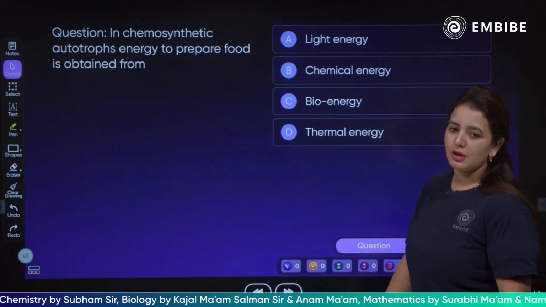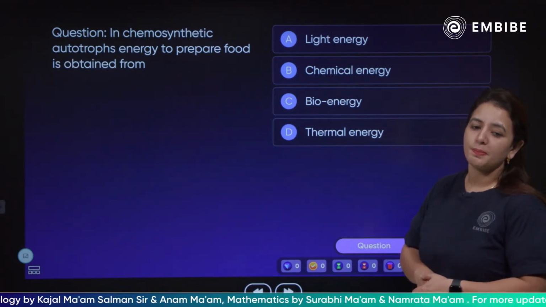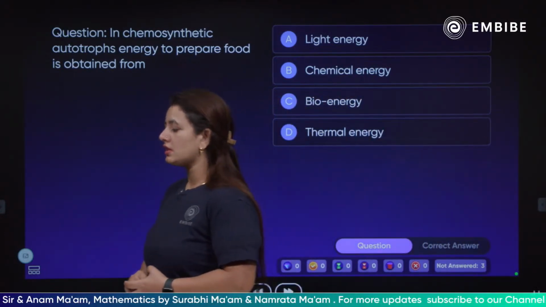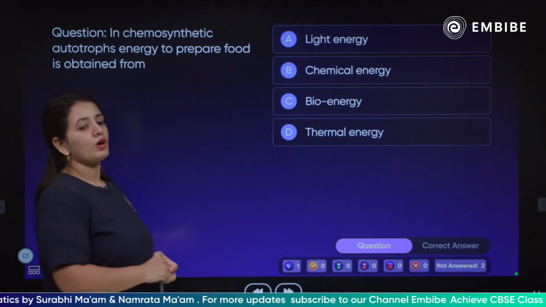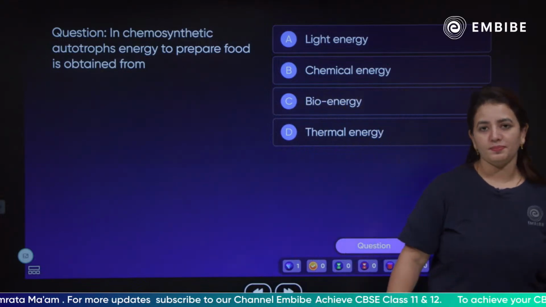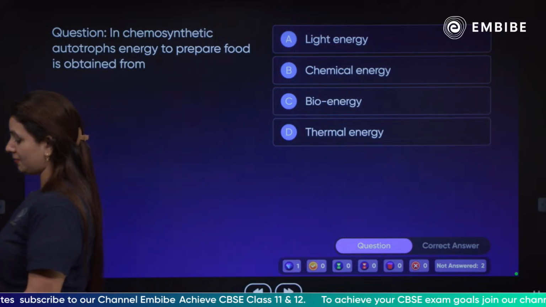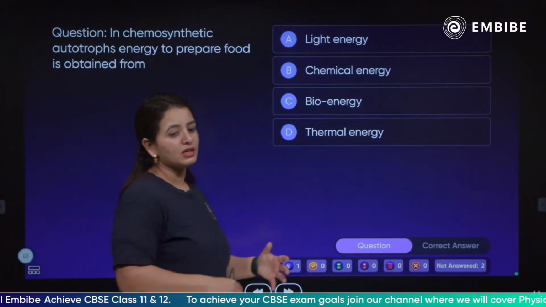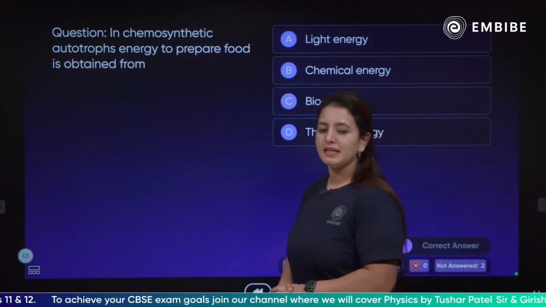The next question which comes is, chemosynthetic autotrophs obtain energy to prepare food from? Chemosynthetic means which synthesize their own food with the help of chemicals. So, what do you think the chemosynthetic bacteria obtain their energy from? Chemosynthesis, not photosynthesis. Please bifurcate the term. Chemo means using of certain substances. Almost giving you an answer, but please try to attempt it.